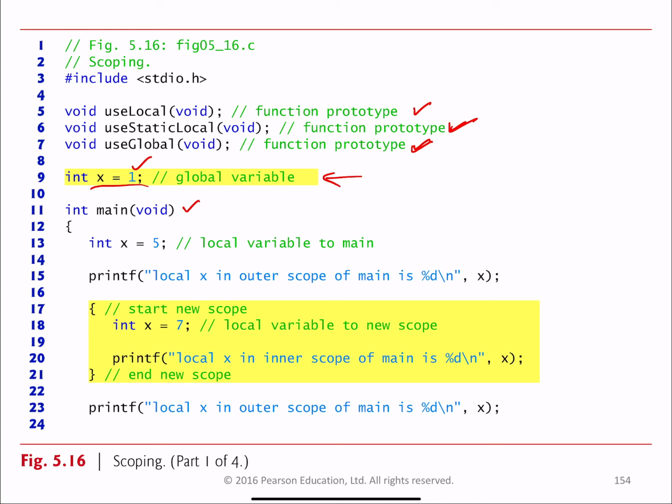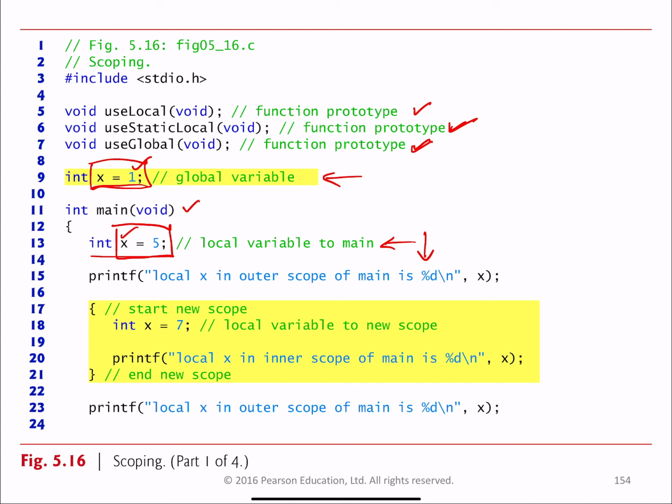We then have a main function, and inside of that main function, the first thing we do on line 13 is we define another integer x and initialize it to 5. Now we have two variables x. The difference is, however, that the second variable is a local variable. So, meaning anytime I'm inside the main function and I reference a variable x, I will be referencing this variable, not the global variable.